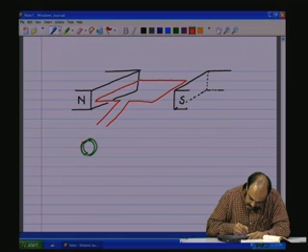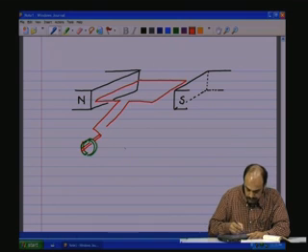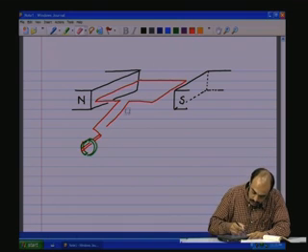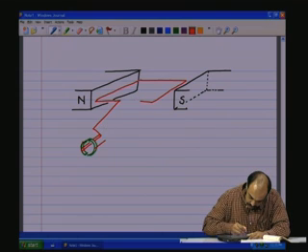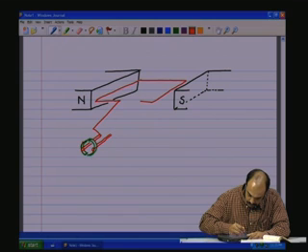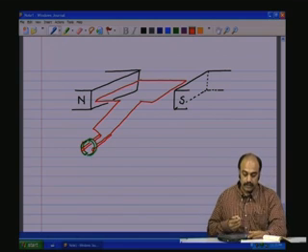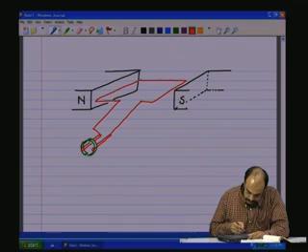So, we solder one end of the coil to this, and the other end of the coil is soldered to the other half, in this fashion, let us say.